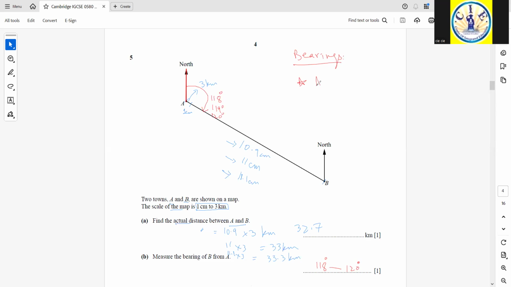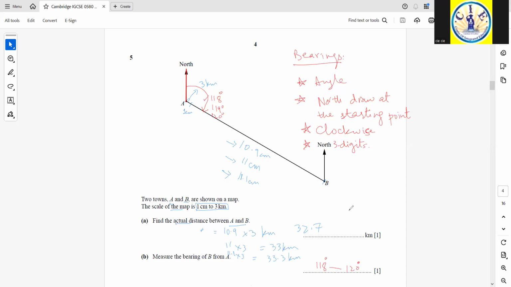It is an angle measured from north, drawn at the starting point from where we need to measure the bearing, and then it has to be in the clockwise direction as we did in this case, and then it is a 3-digit angle.